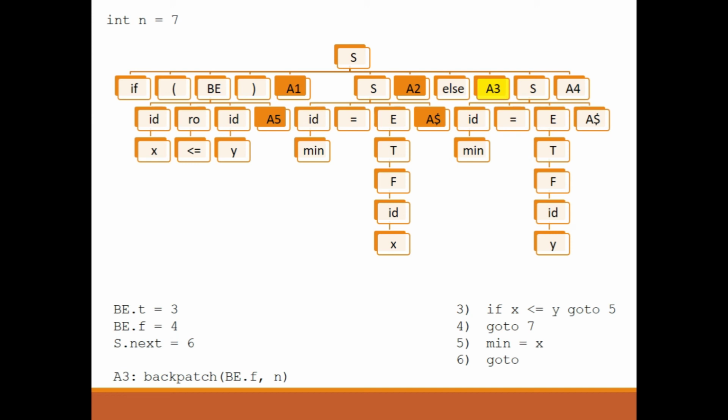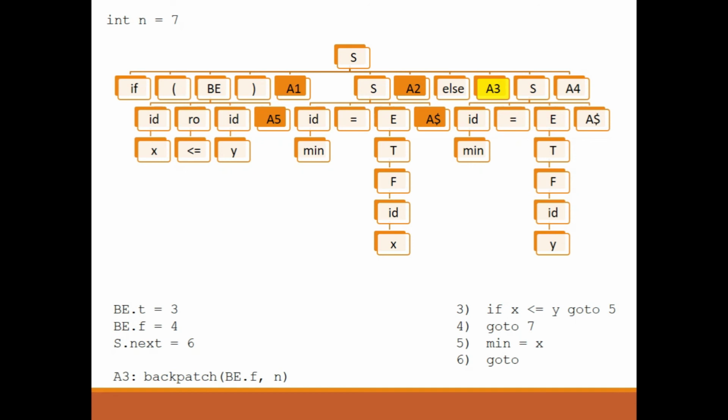In this action, the backpatch function will be triggered, and this backpatch function will be sending the parameter pe.f, which means that this backpatch function is for the case when the if statement is false. So it will backpatch the fourth line number and append the value 7, which is the current line number global variable.